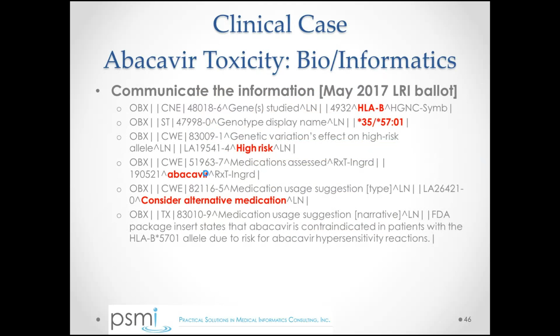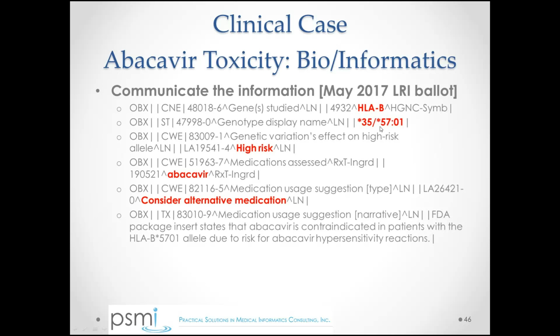An example in this case for abacavir of how this information might look is: the gene being studied is HLA-B, and here's the genotype. One of the patient's alleles was 5701, and one of their alleles was allele 35, which is a benign allele.